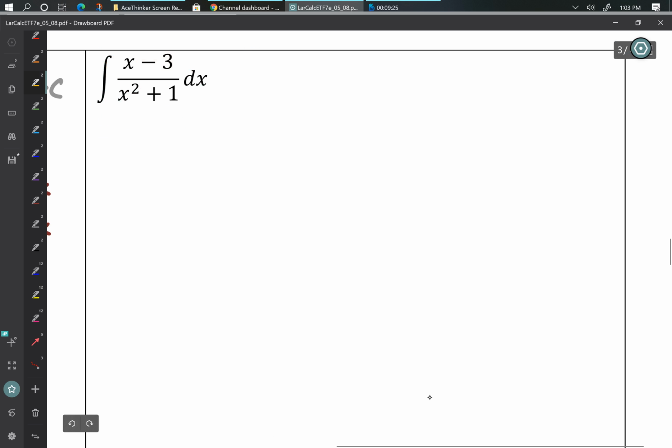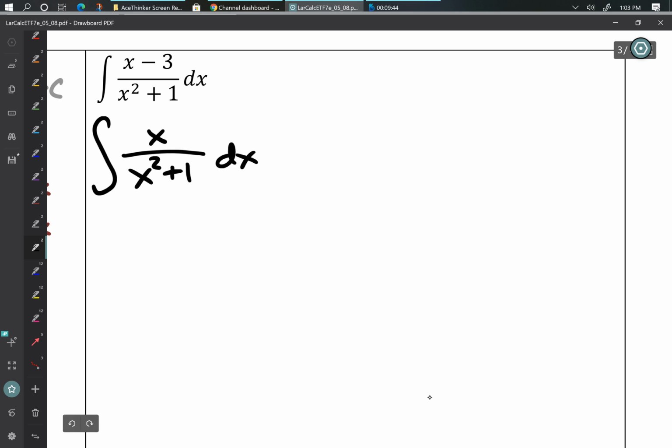You know, if that minus 3 wasn't there, if it was just x upstairs, life would be good. So let's do that. Let's rewrite this problem and say this is x over x squared plus 1 dx minus 3 over x squared plus 1 dx.